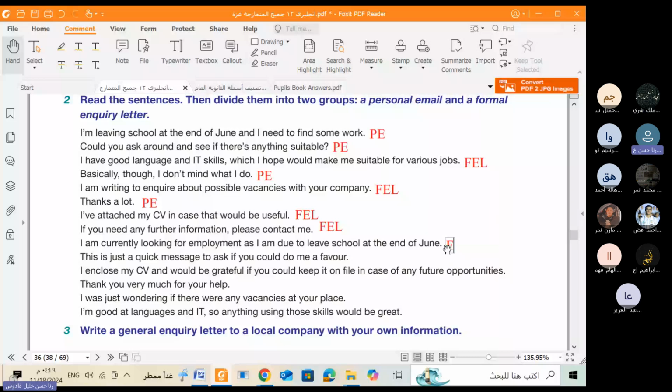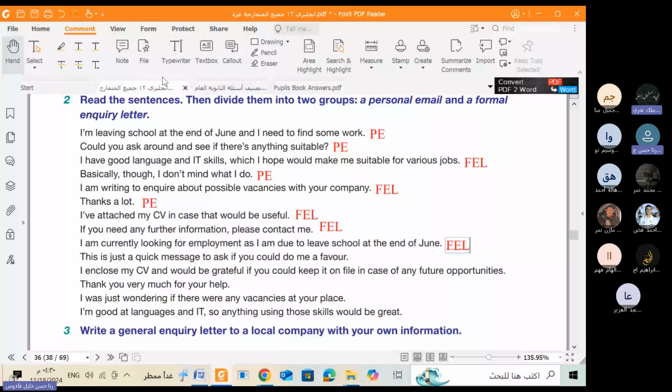By the way, look at statement number 1. I'm leaving school at the end of June and I need to find some work. This is the personal way. This statement in the personal email can be replaced by the previous one if you want to write a formal inquiry letter. This is just a quick message to ask if you could do me a favor. Malak?